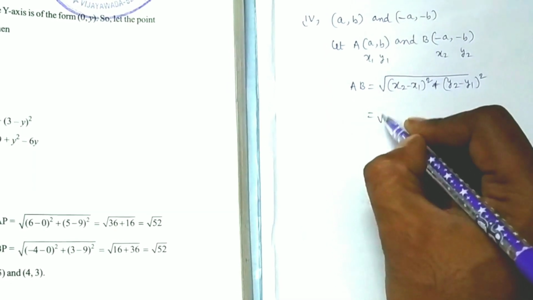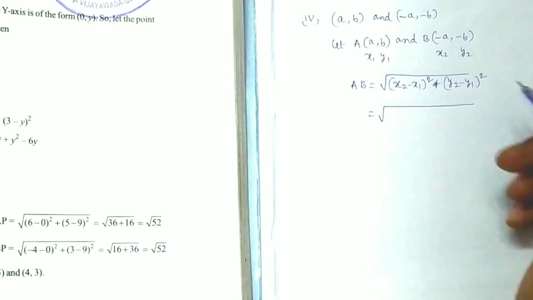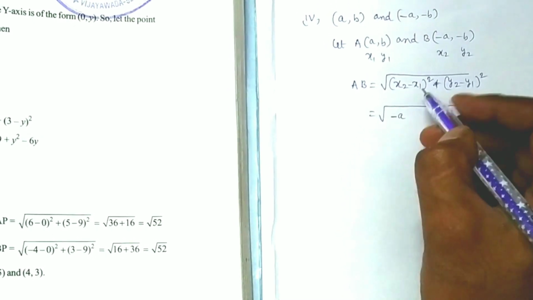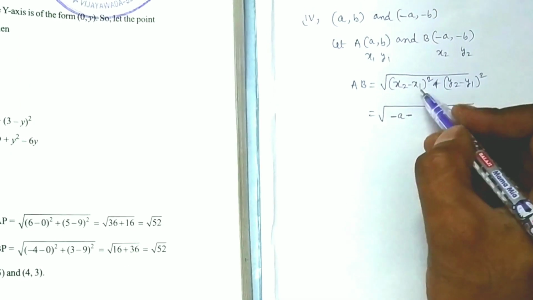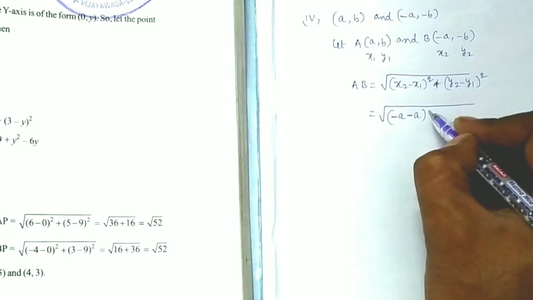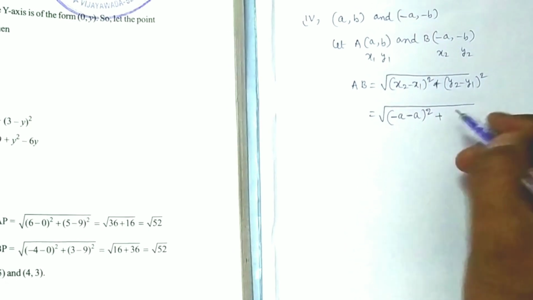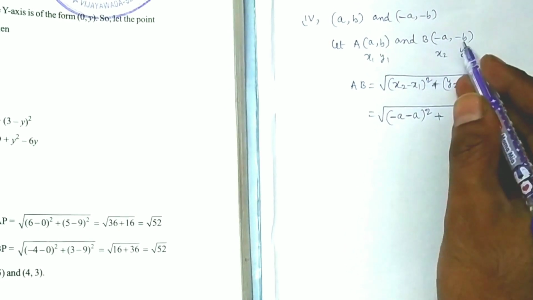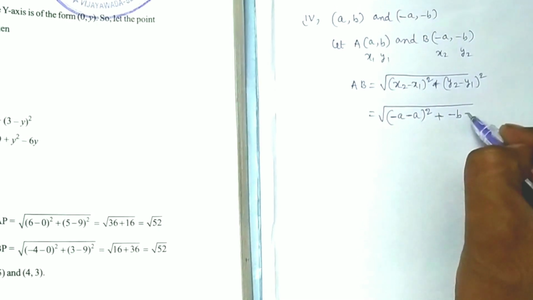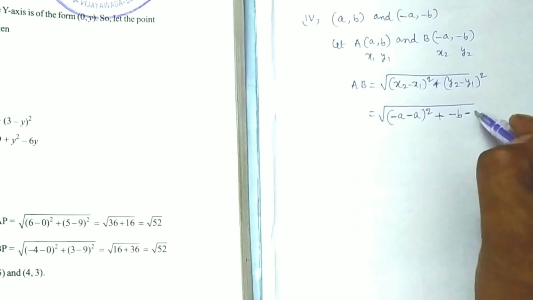Simplify these values. What is x2? Minus a. Already formula minus there, and x1 is a. So minus a minus a whole square. What is y2? Minus b. Formula minus, and y1 is b.